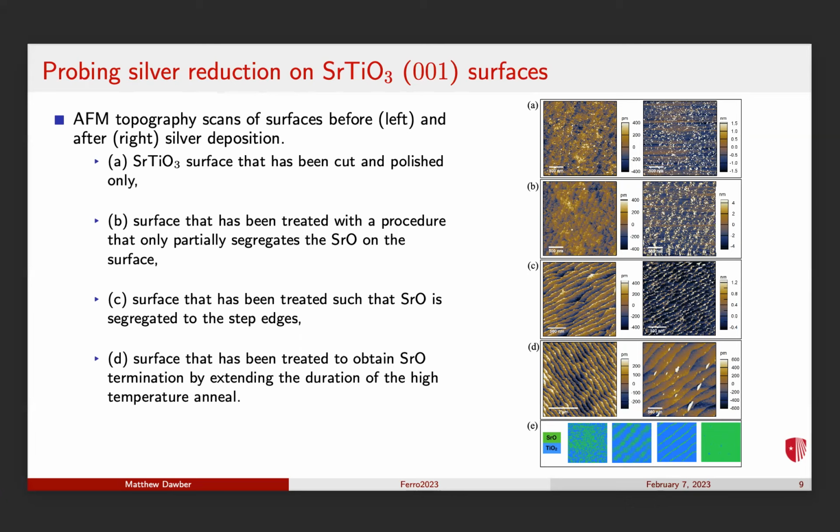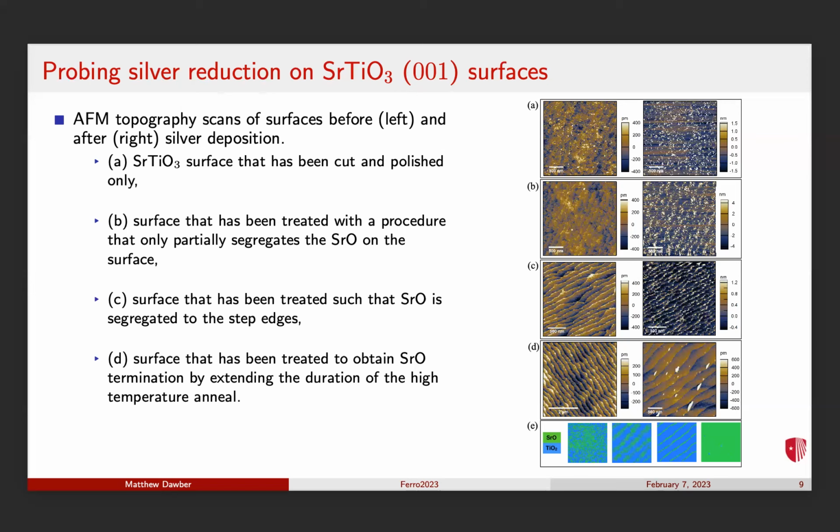And then, of course, once you have this lip, kind of like a ridge of strontium oxide here, you start to get these lines of the silver that are deposited, just like in the previous image, basically on either side of this transition, where you're going from strontium oxide to titanium dioxide. If you go to fully strontium oxide, the reaction essentially stops.